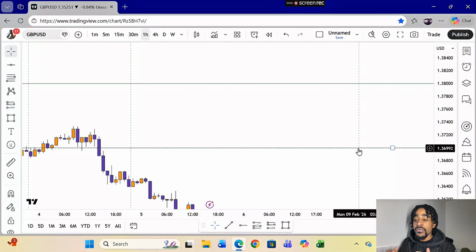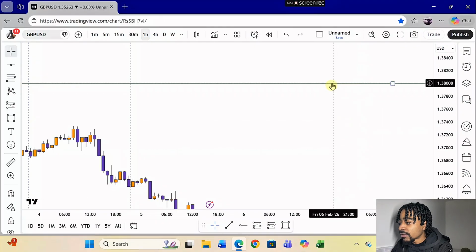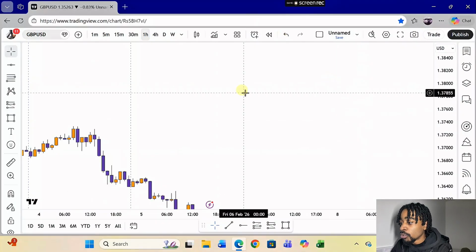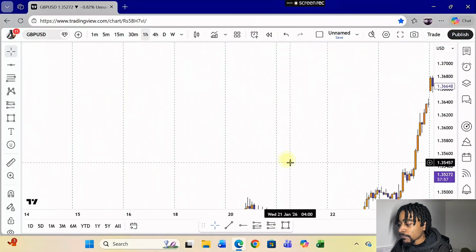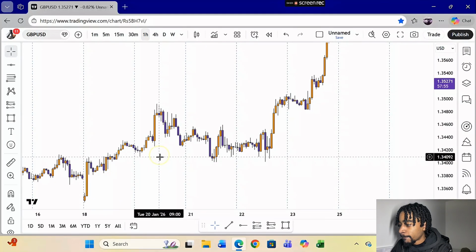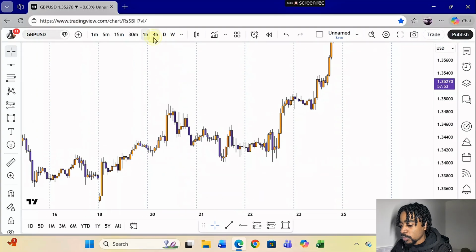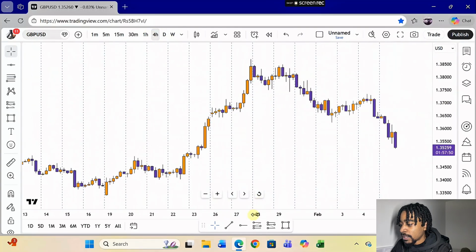So you will find oftentimes that price can go up to triple zeros, and then quickly move. Let's try and find an example where that happens. So I'm going to remove these lines and I'm going to go to any random point in time, and let's see. Let's go on the 4-hour time frame and let's take these off.